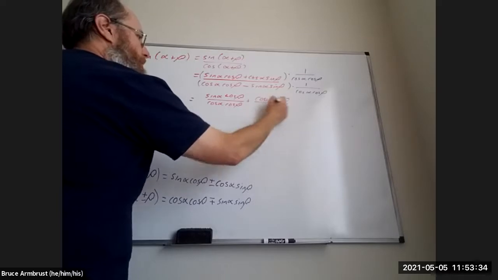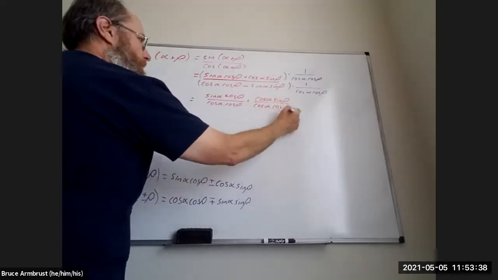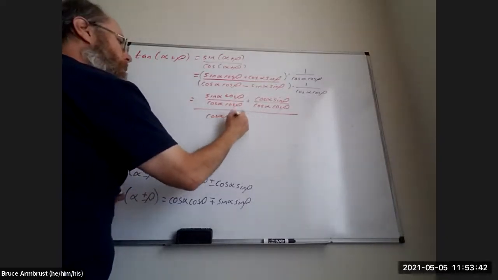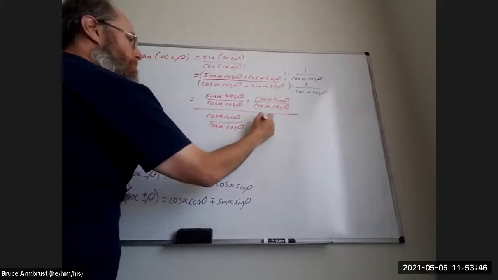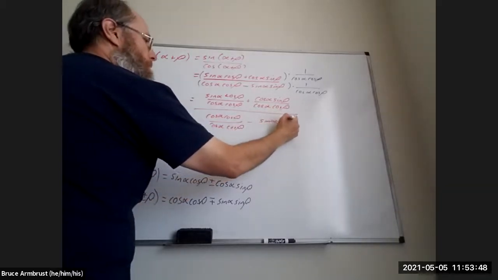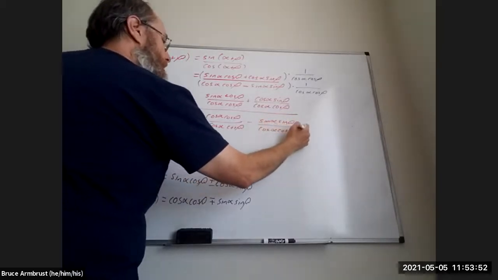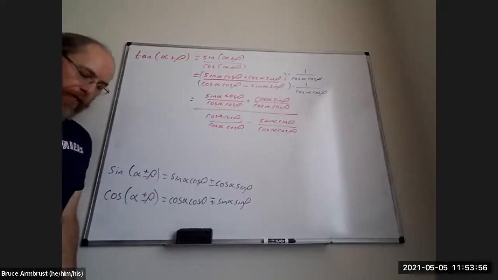And then the next one's going to be cosine alpha sine beta over cosine alpha cosine beta. And we'll do the same thing in the bottom. All right, so here is what those look like once we divided everything by cosine alpha and cosine beta.